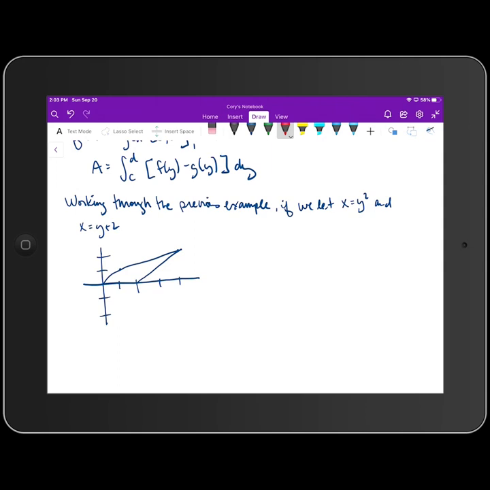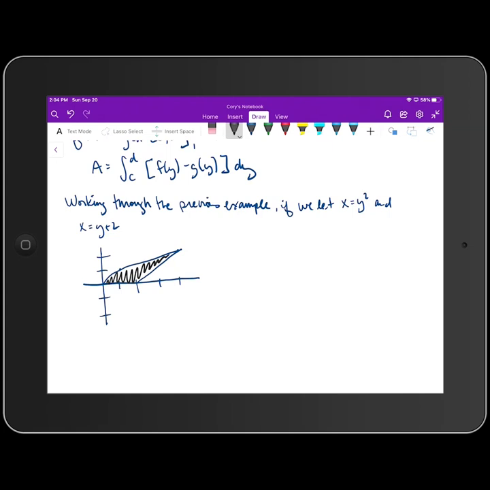So if we work through the previous example, and we take both of those functions and solve those equations for x, when we solve our first equation for x, we get x is equal to y squared. When we solve the second equation for x, we get x is equal to y plus 2. Now the area that we're trying to compute is that same area that lies in the first quadrant.